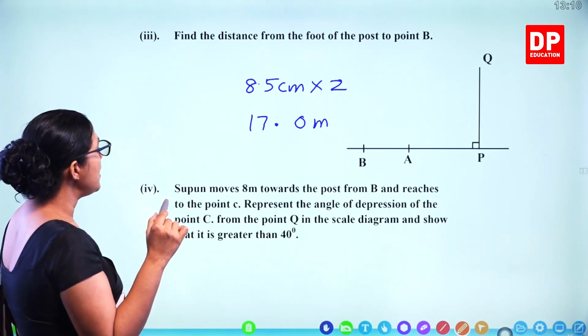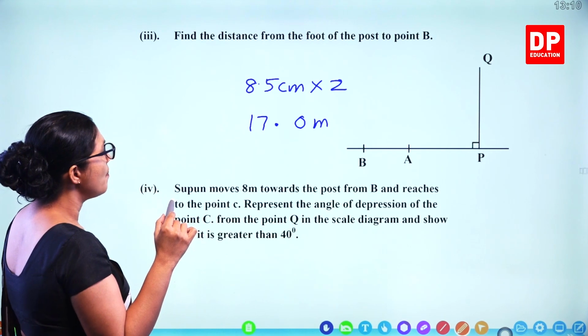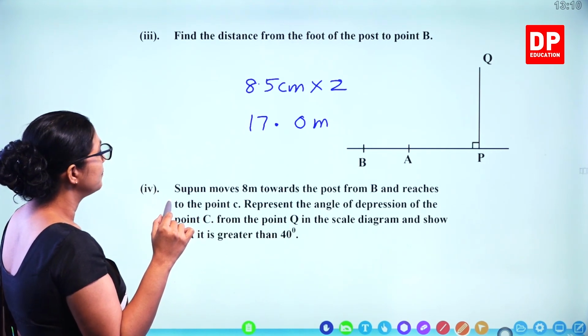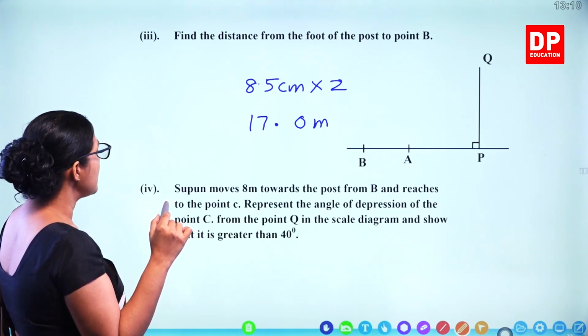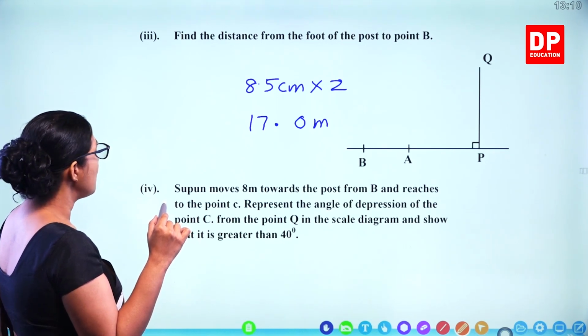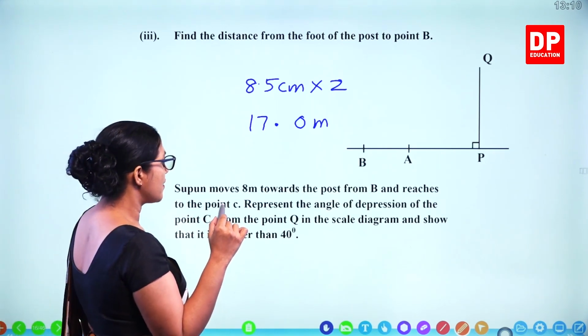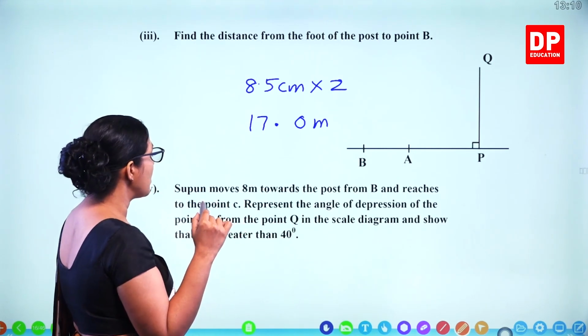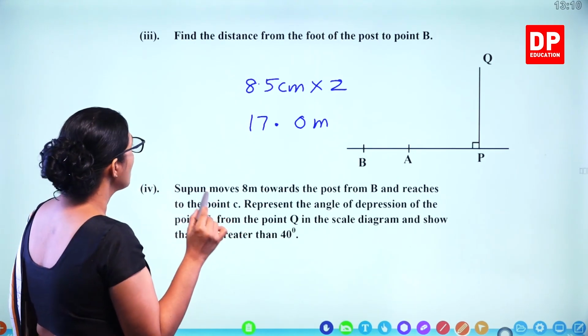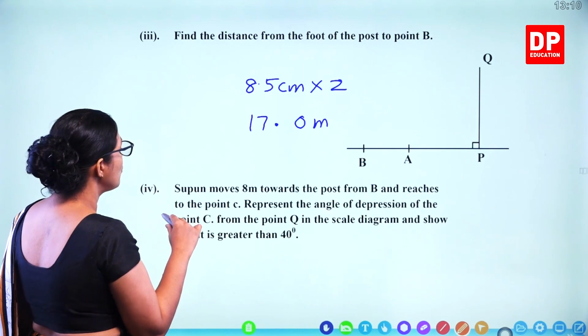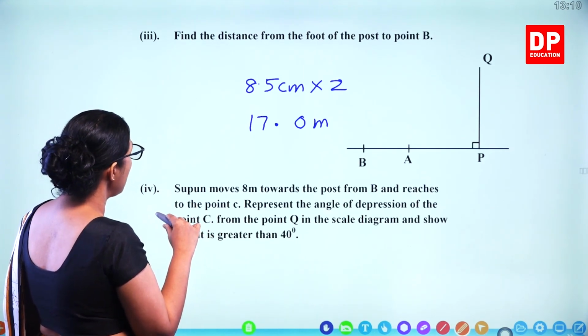Supun moves 8 meters towards the post from B and reaches to the point C. Represent the angle of depression of the point C from the point Q in the scale diagram and show that it is greater than 40. So we have to again use the scale diagram.